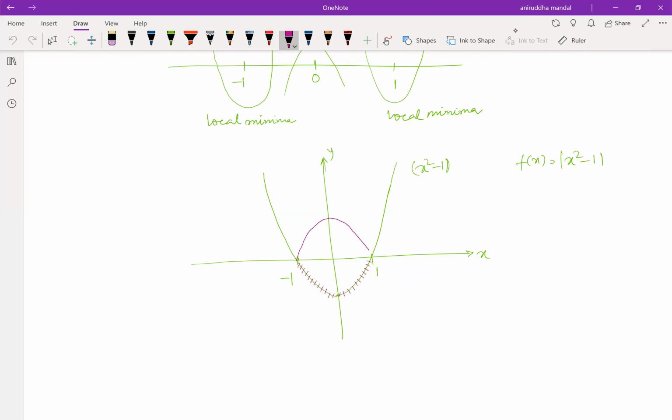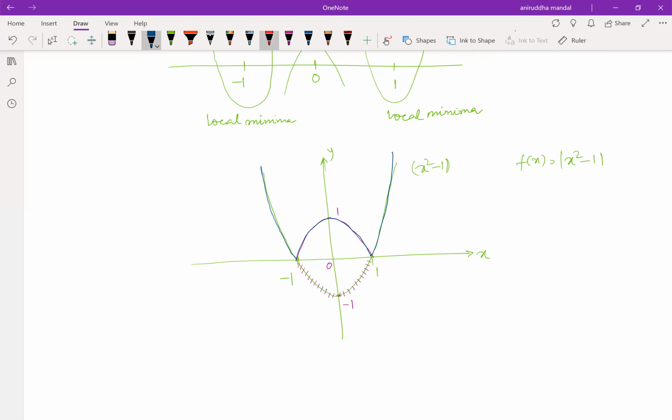It is simply the mirror image of the part which is below the x-axis. It cuts here at minus 1, so it should be 1. So the final graph is like this only. It starts from here, then it moves here, and then it goes like this.